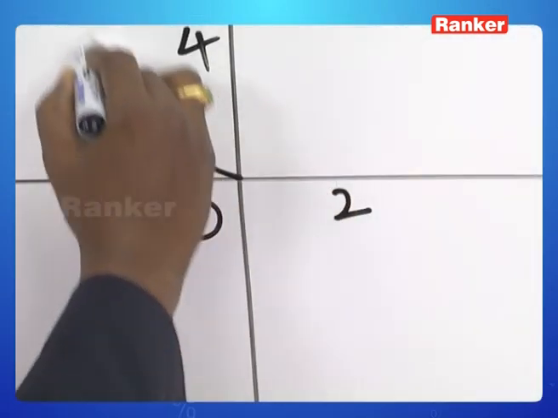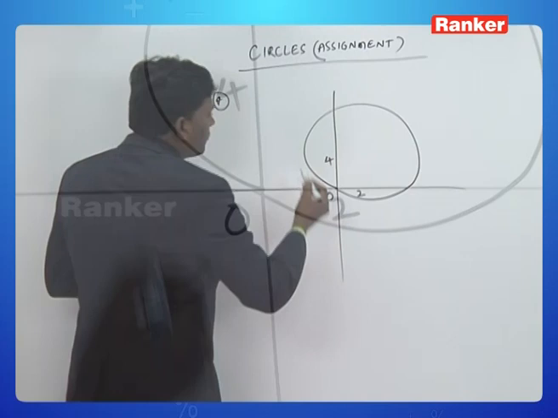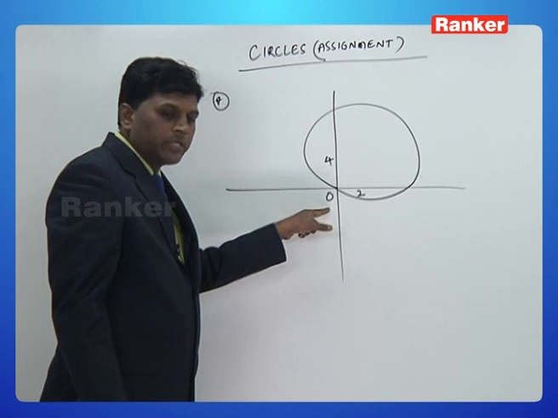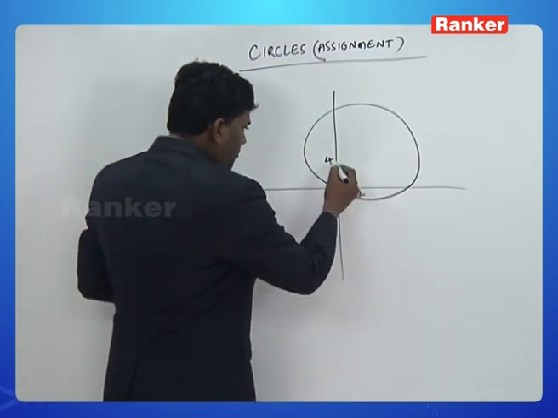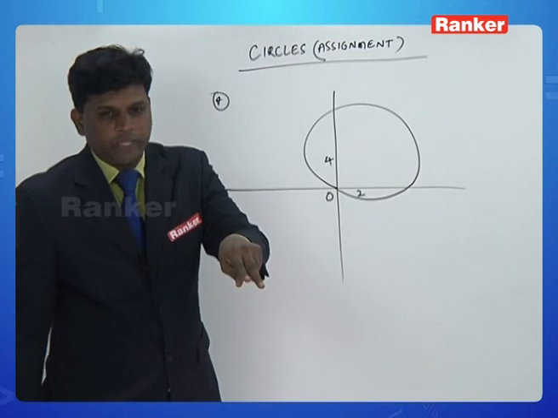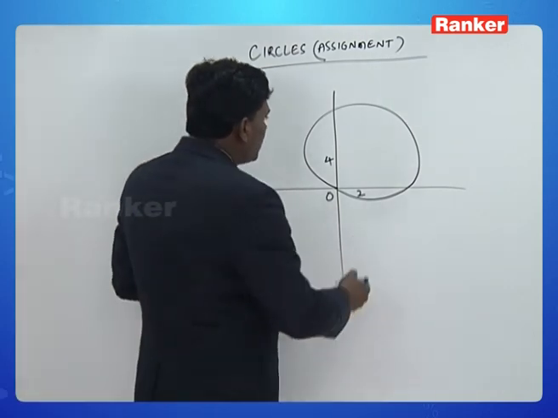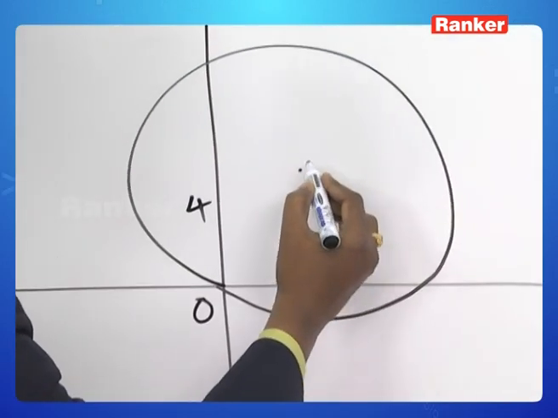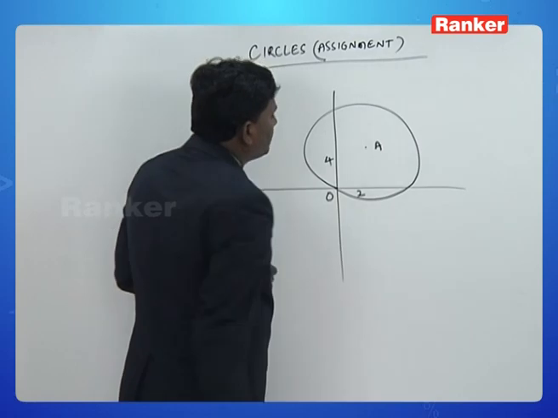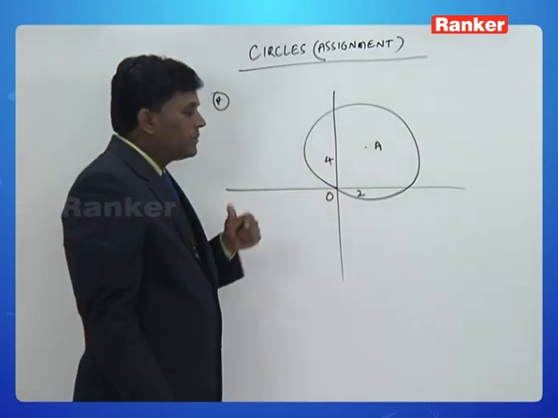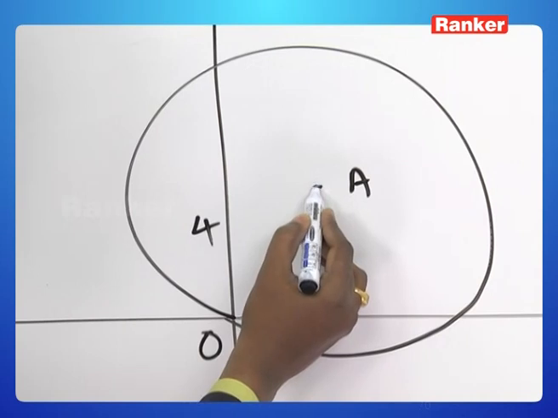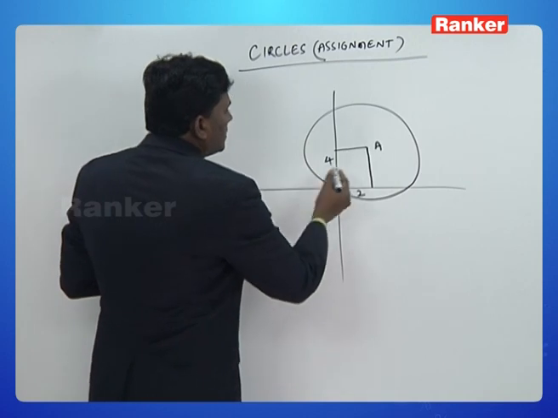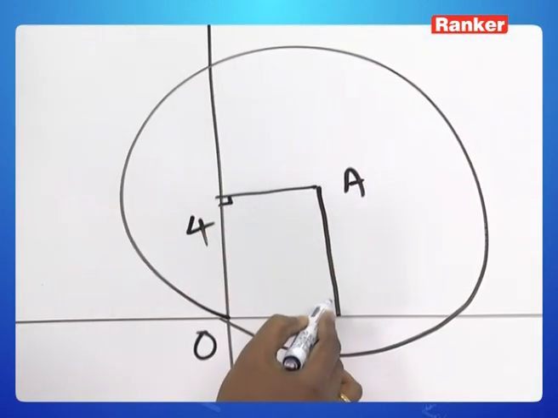we draw a circle roughly. Now this circle, if you observe, is passing through the origin and also making intercepts of 2 and 4 on the coordinate axes respectively. To find this circle's equation, let us imagine its center somewhere as A. If the center is A, draw perpendiculars from the center to the chords.